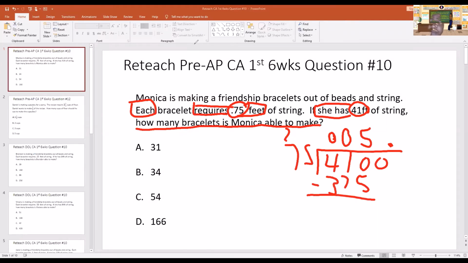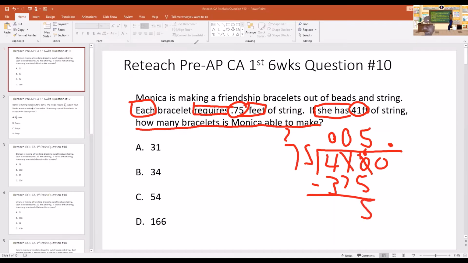Now I would just subtract 375 from 410. 5 cannot be subtracted from 0, so I will make the 0 a 10. 10 minus 5 will give me 5.